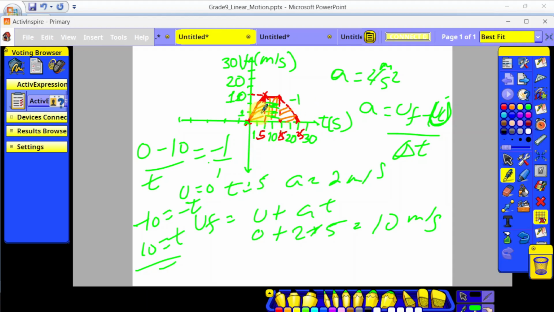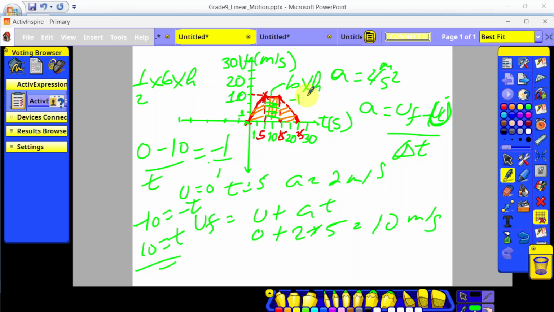To calculate the total distance covered by the car before it stops, you need to calculate the area of this triangle first. That's half times base times height. The second one is this rectangle right here, base times height.